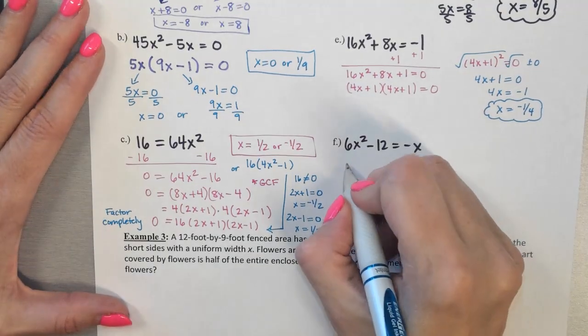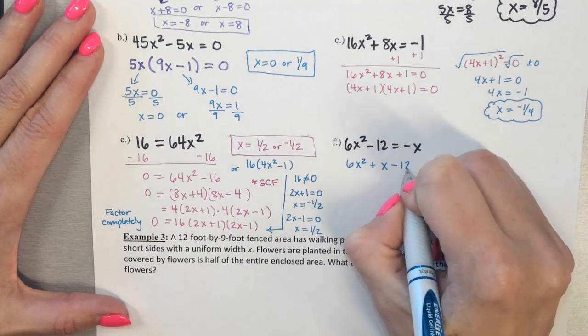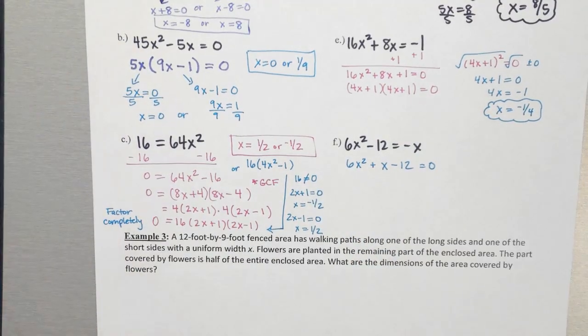All right, so for f, we're going to add over the x. Okay, and if you want to do the house method with this one, it wouldn't be bad, right? You could do 6 times 12, the factors of 72, or you can guess and check.